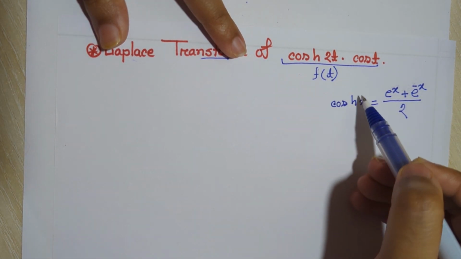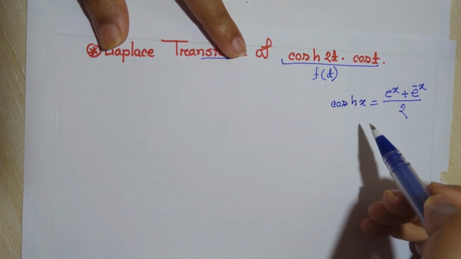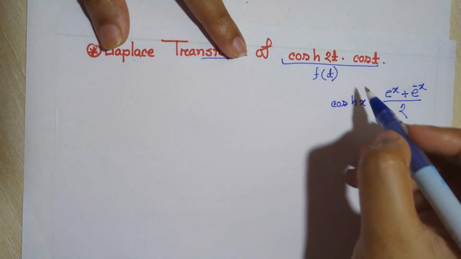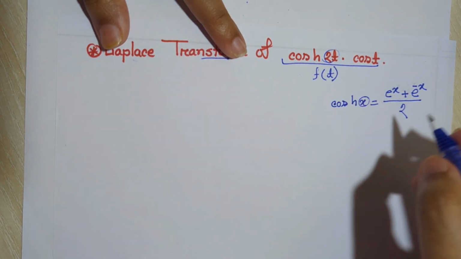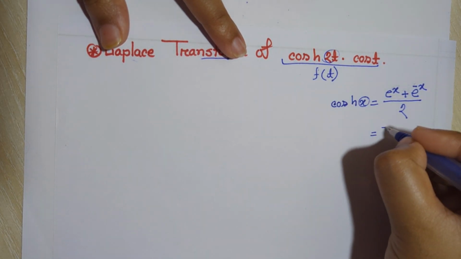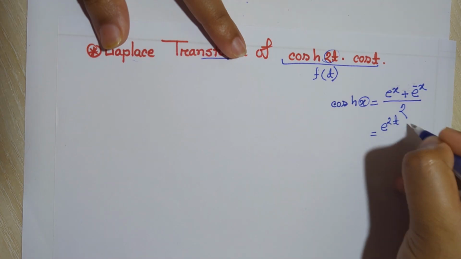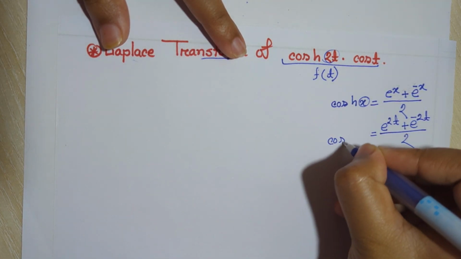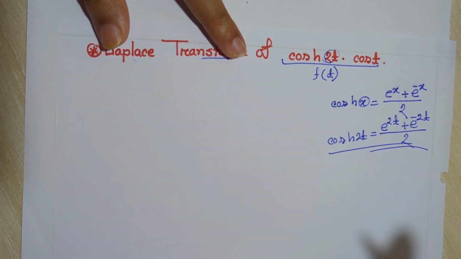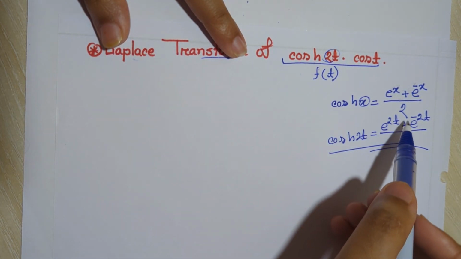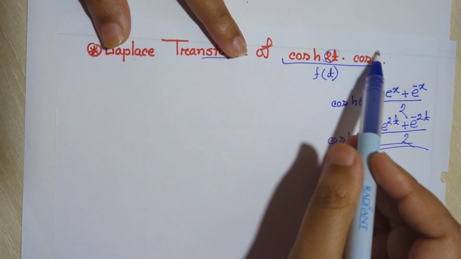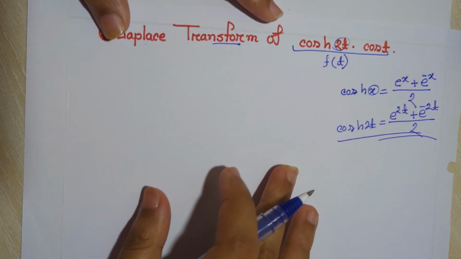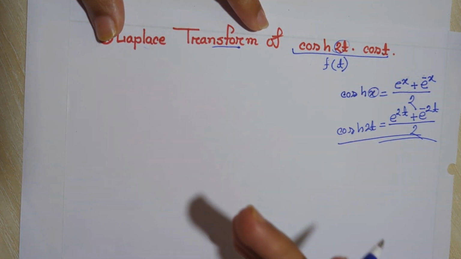Here we have 2t instead of x, so we will write cos h 2t equals e to the power 2t plus e to the power minus 2t divided by 2. We will write this exponential term instead of the term which is multiplied with our cos t function. And let's do the Laplace transform using the first shifting property.